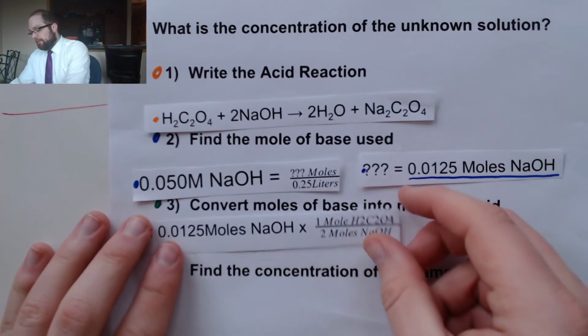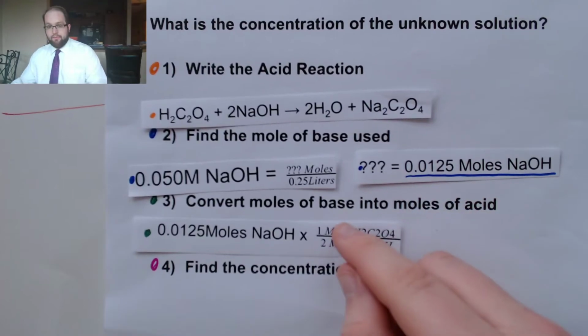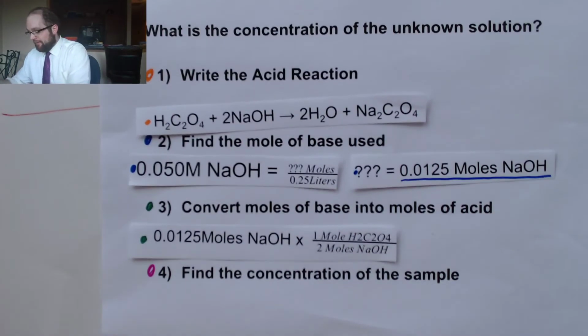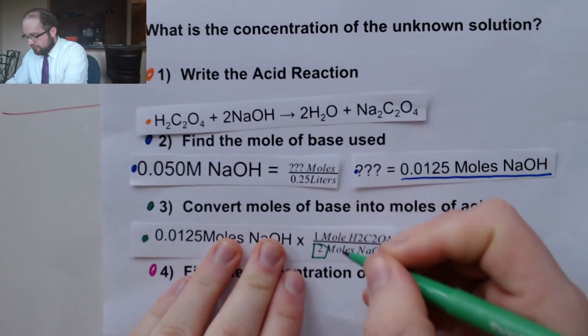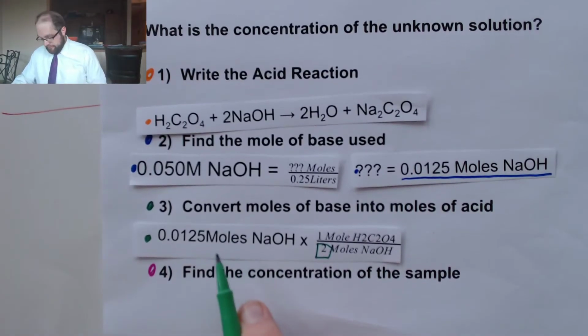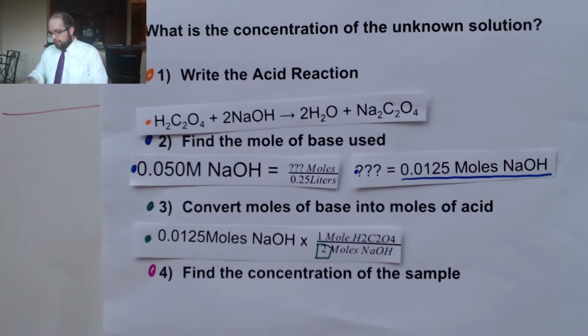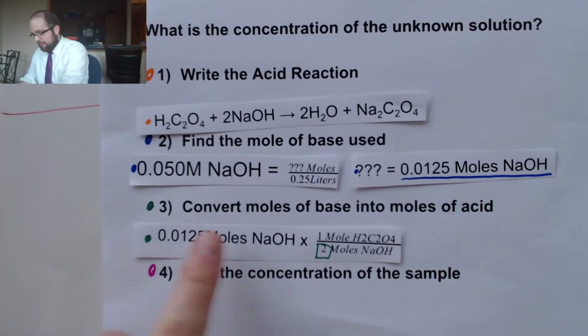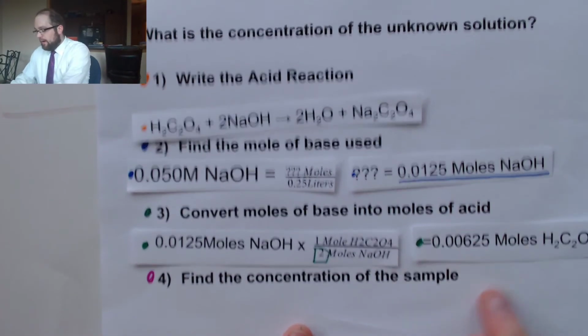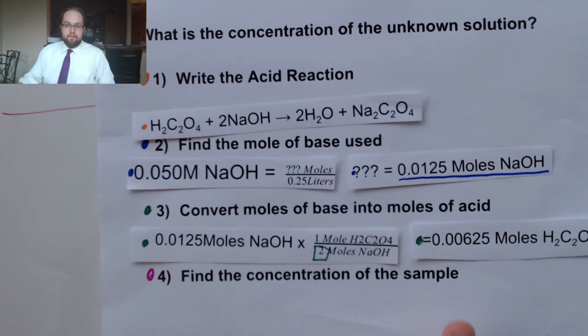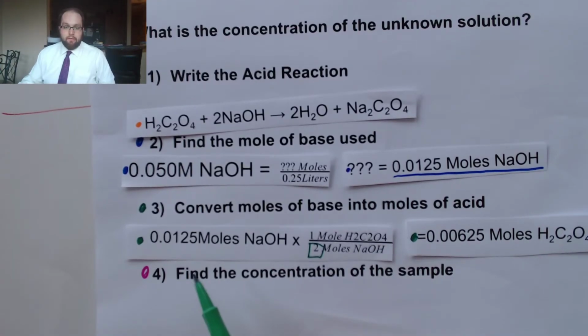This is our big difference in a problem like this one: we now have to make sure we incorporate our coefficients. Our moles of base are not going to be equal to our moles of acid. Since we're essentially dividing by 2, we're going to have half as many moles of acid. So we went from 0.0125 moles of base to 0.00625 moles of our oxalic acid.